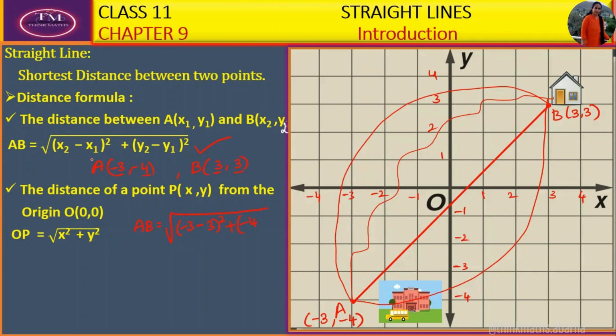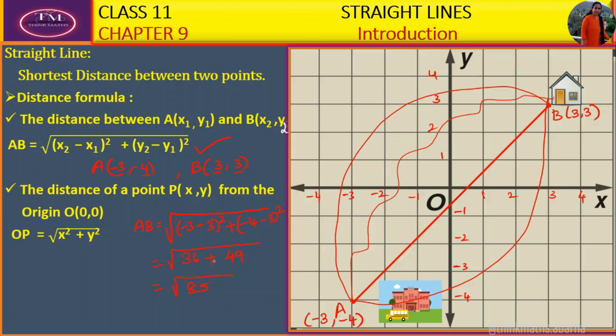So (-3 - 3) whole square, (-4 - 3) whole square. So the square root of: -3 minus 3 is -6, and (-6) square is 36, plus -4 minus 3 is -7, and (-7) whole square is 49. So it is nothing but the square root of 85. So this is the distance between A and B.